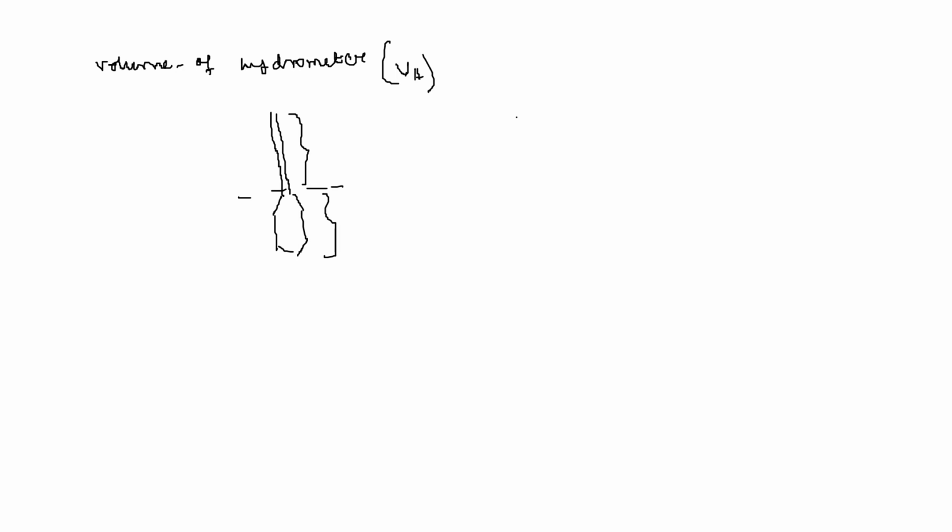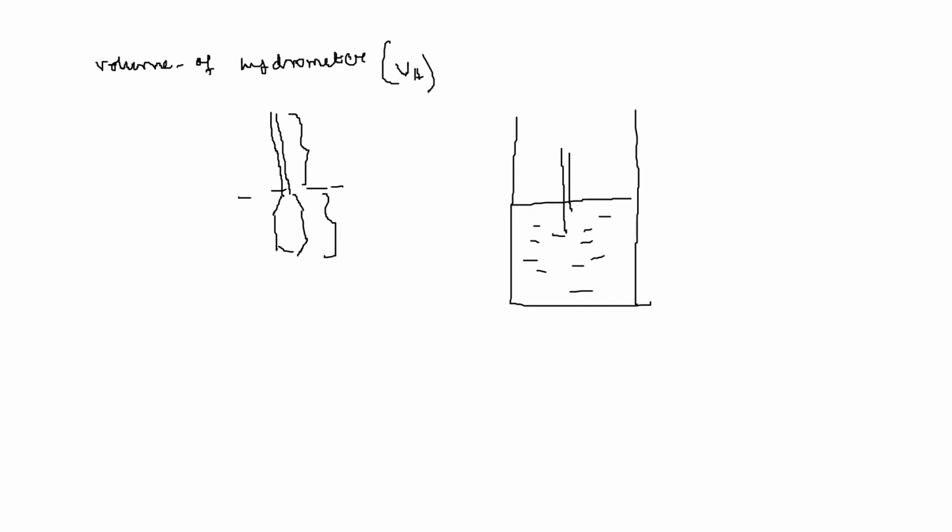For this, we take a graduated cylinder and partially fill it with water. After that, we immerse the hydrometer into it. Due to the immersion, the water level rises in the cylinder, right? So we determine the volume rise, and this volume rise is considered to be the volume of the hydrometer.